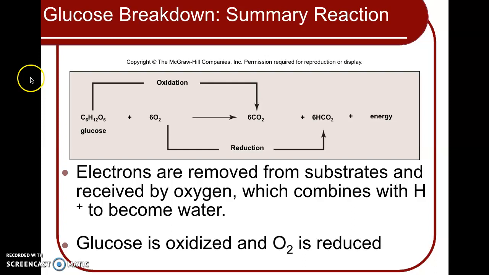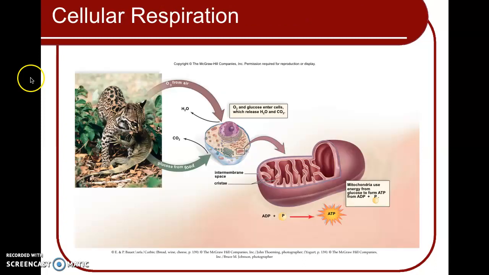So the electrons are removed from the substrates and they are received by the oxygen, which then combines with the hydrogen to become water. Glucose is oxidized, and the oxygen is now reduced. All right, so that's on the micro scale. On a macro scale, what does this look like?